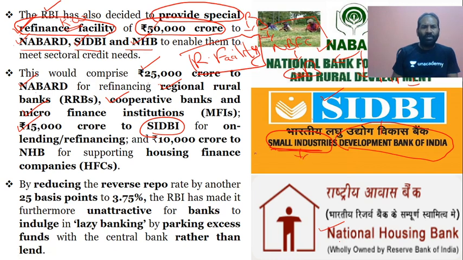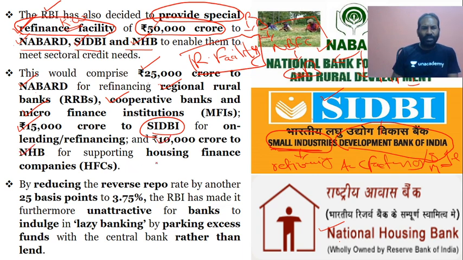From here, it will be lending or refinancing to small companies, ancillaries or factories, the small and medium industries. And the rest, 10%, will go for the NHB.